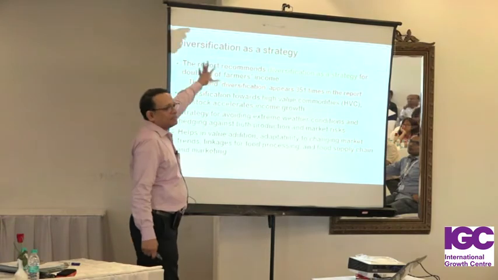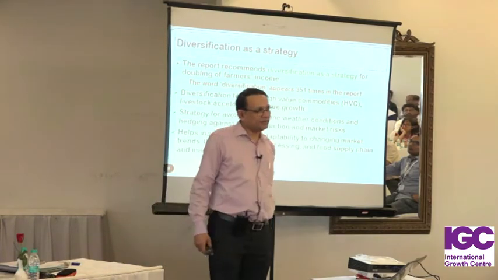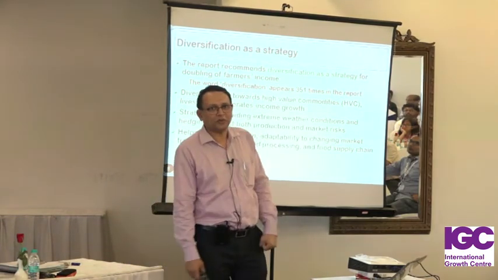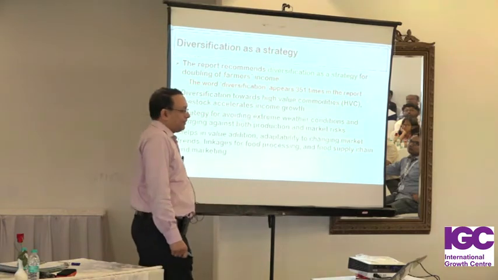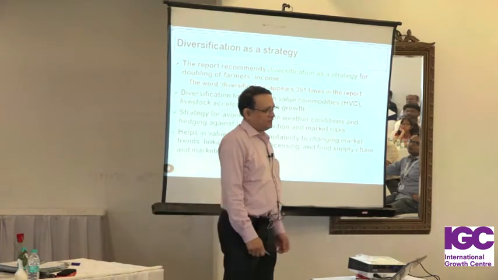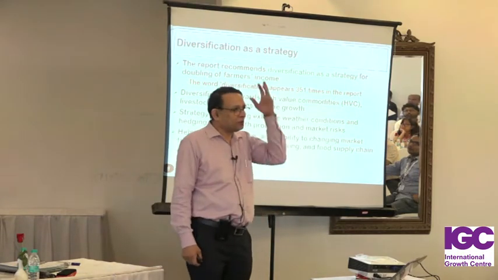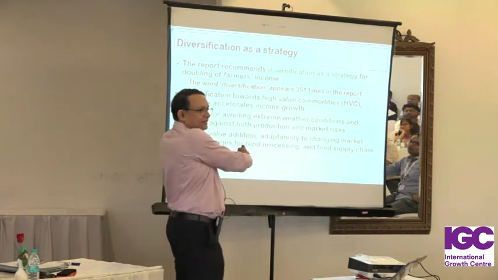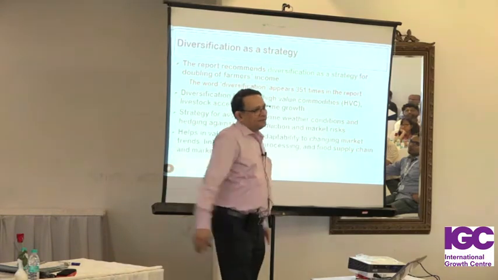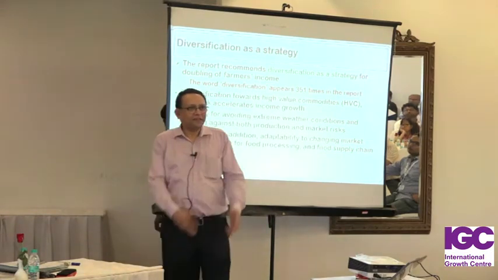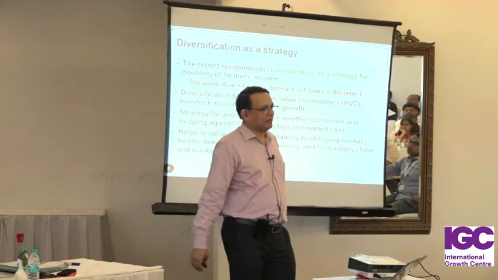So one of the things that they picked up in this, which comes prominently in this report, is diversification as a strategy. Okay, so the question was in the morning, do you need to diversify? The answer is, well, you need to diversify if you want to increase the income of farmers.